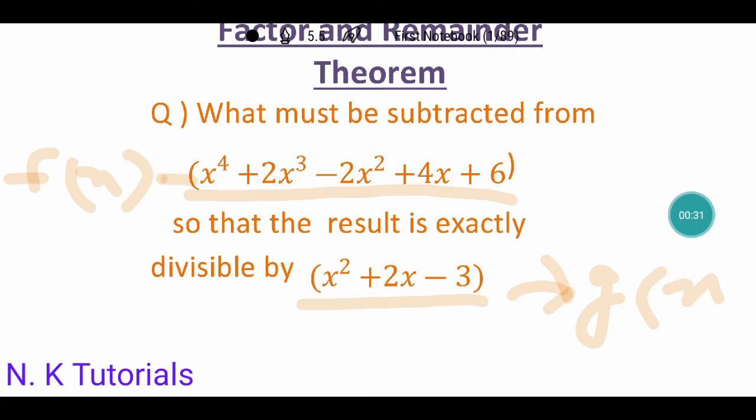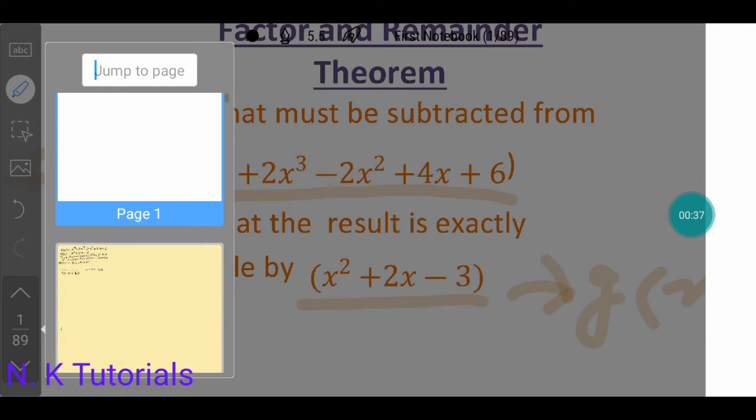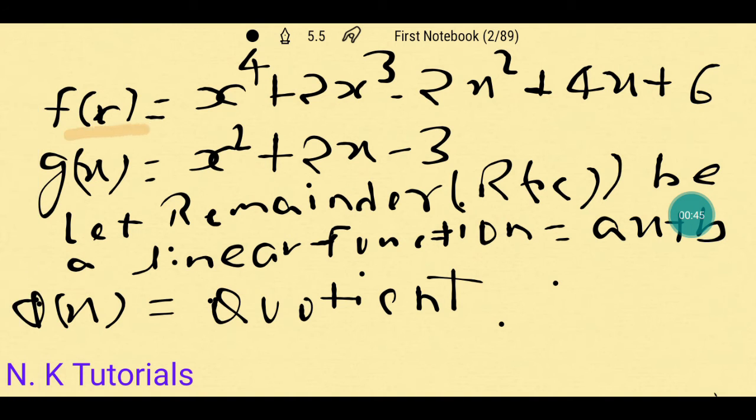Here we have assumed f(x) as the dividend part, x to the 4 plus 2x cube minus 2x square plus 4x plus 6, and g(x), the divisor part, x square plus 2x minus 3.